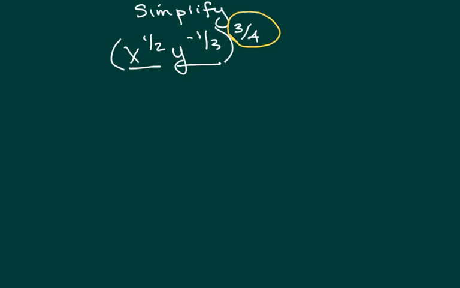So we'll do x to the 1/2 times 3/4. When we take a power to a power, we multiply the exponents. And y to the -1/3 times 3/4.